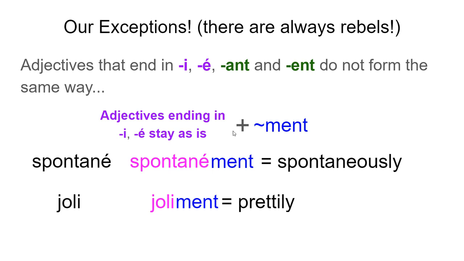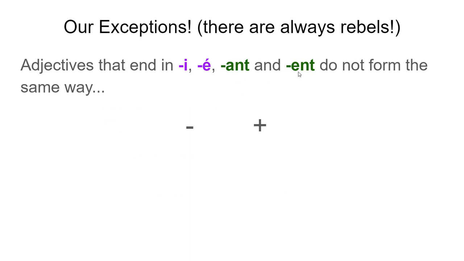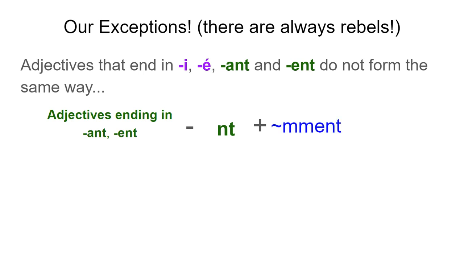Then moving on to our adjectives that end in ANT and ENT. So a little bit more complex here. So you take the adjective ending in ANT or ENT, and first you're going to chop off that NT. Okay, so you chop off that NT, and then you will add MENT.